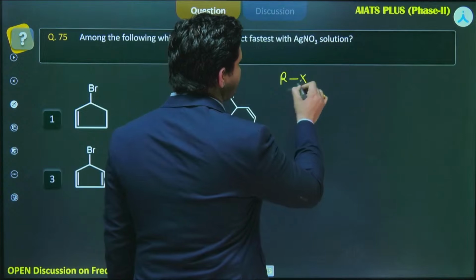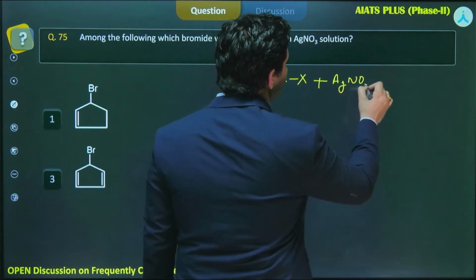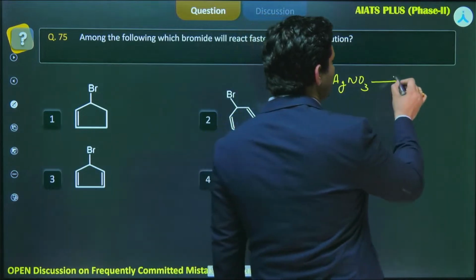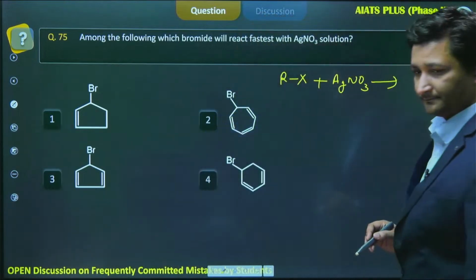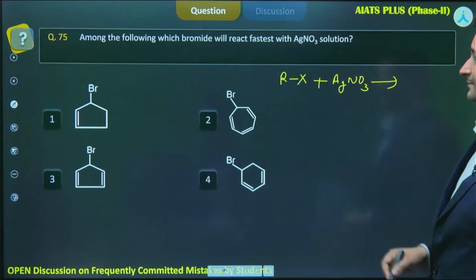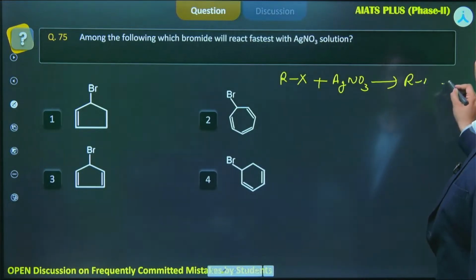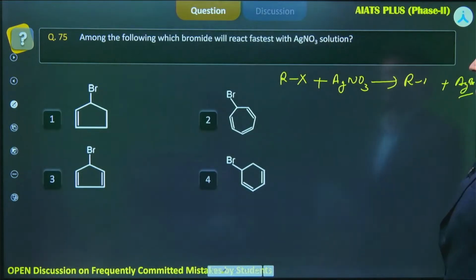RX reacts with AgNO3, and AgBr will be formed here and it will precipitate out.